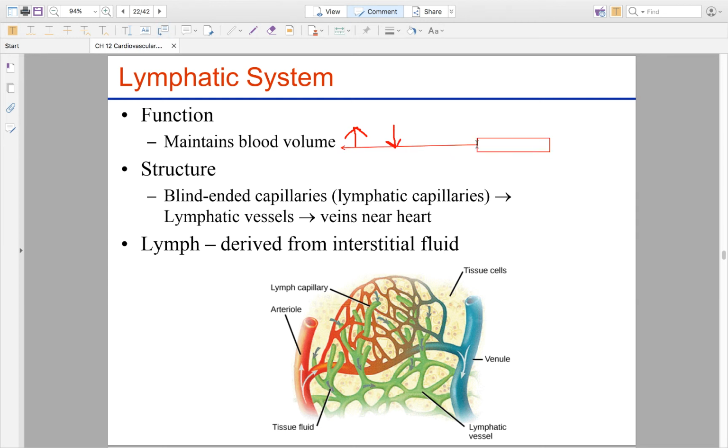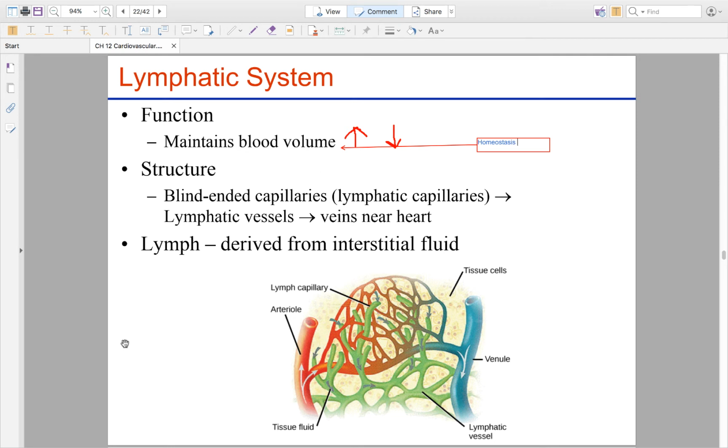It's absolutely necessary. Remember, homeostasis. Okay, so what would affect blood volume? Something that affects blood volume is too much water. Too much water can increase blood volume. That's just one of the things.